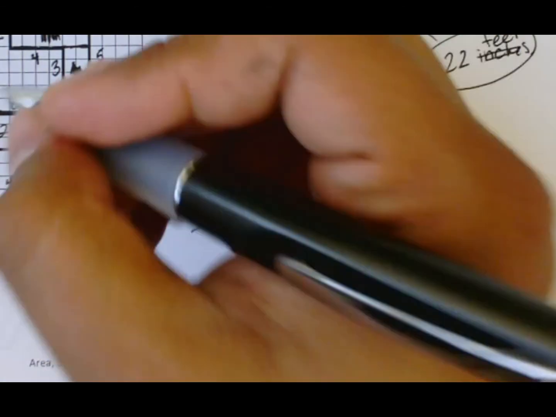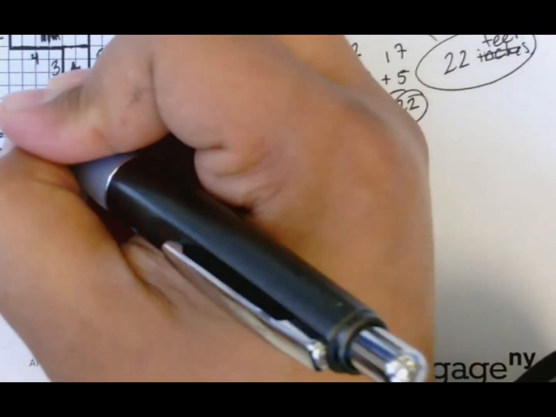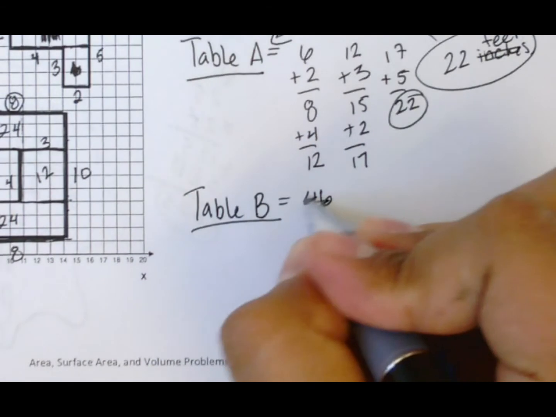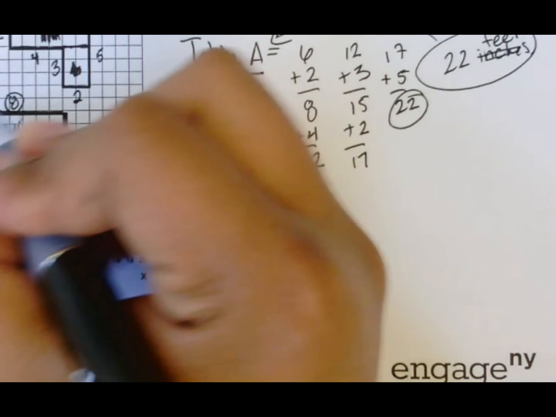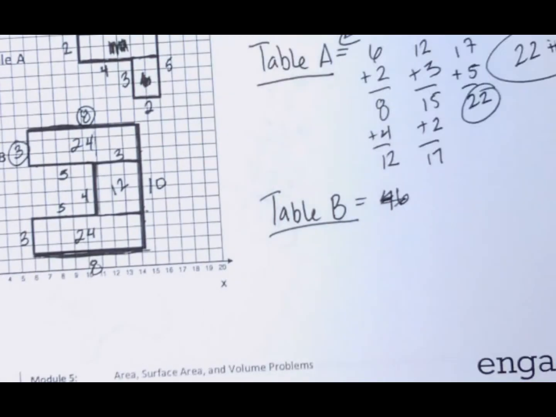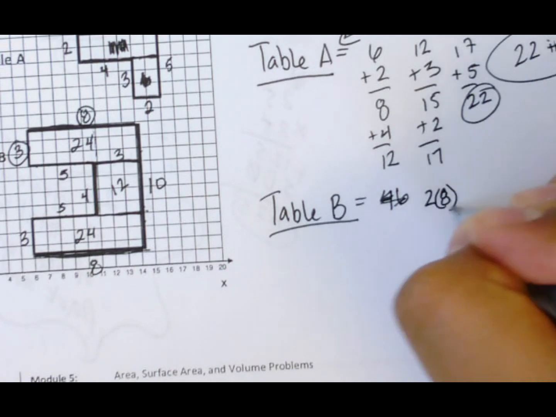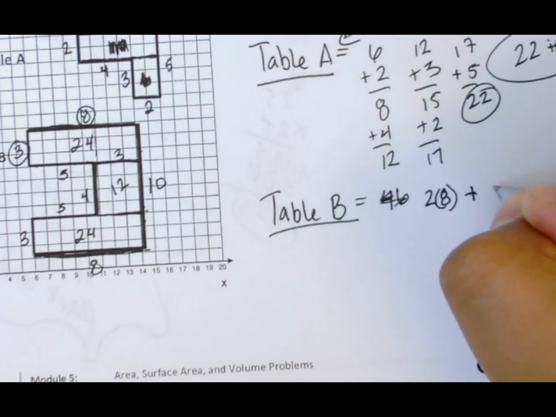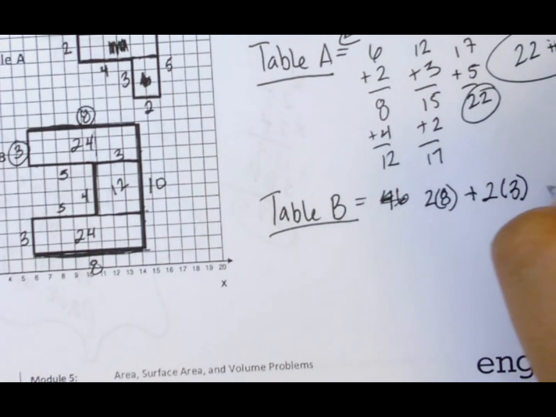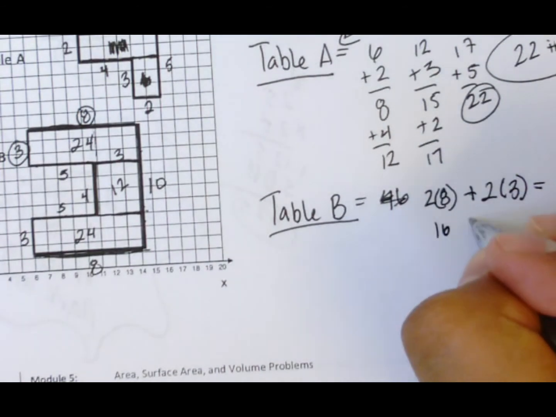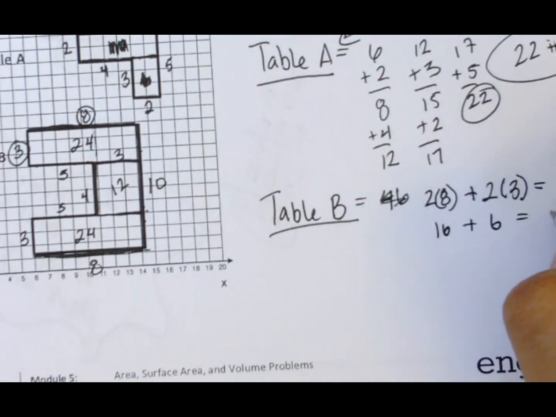Look. Here's an easy way of doing it. Let's use a formula. 8 and 3. Length and width, right? You guys see that? Did somebody say no? For this one rectangle right here, it'd be what? 16 plus 6 equals what? Sweet.